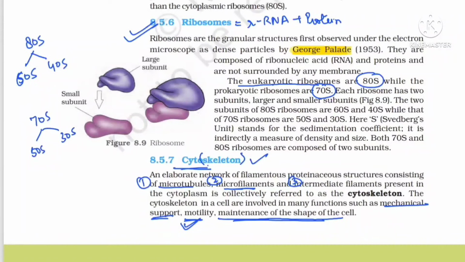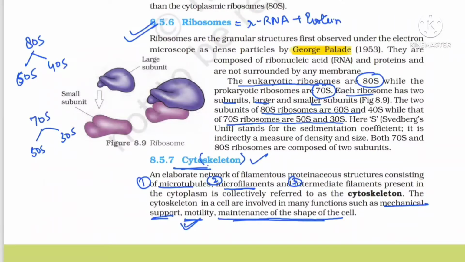Each ribosome has two subunits, large and small. But don't do the math here. There is no need of adding and saying 60 plus 40 will become 100. No. Individually, they have these weights.